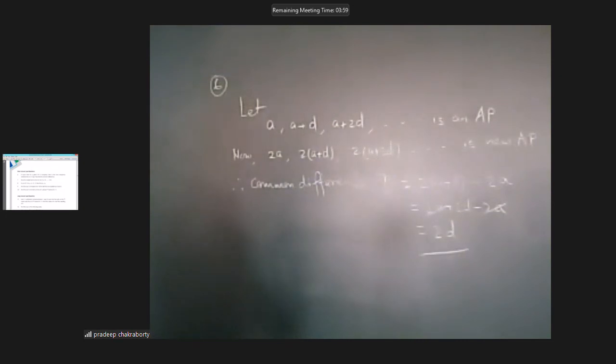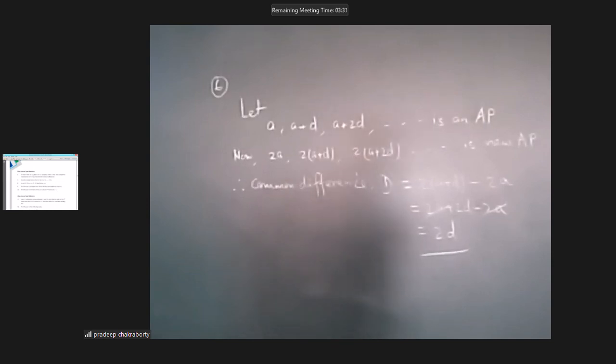So the common difference of the new AP is double the common difference of the original AP. If each term of the AP is doubled, the sequence obtained is definitely an AP. To show it is an AP, show a2 minus a1 equals a3 minus a2. And the common difference D of the new AP is 2d, where small d is the common difference of the original AP.